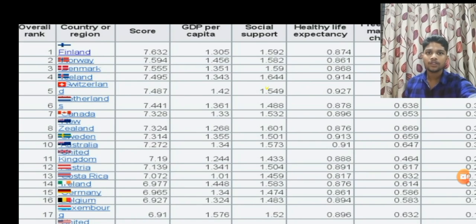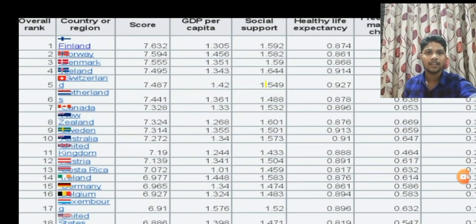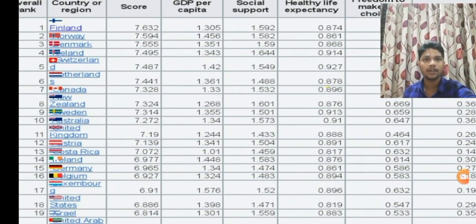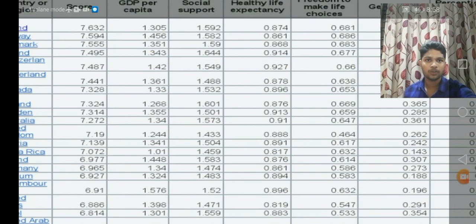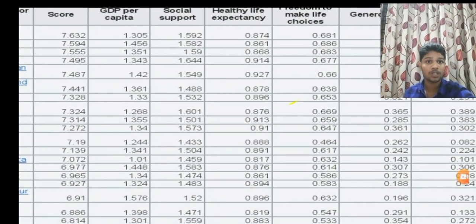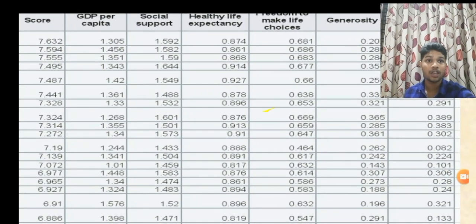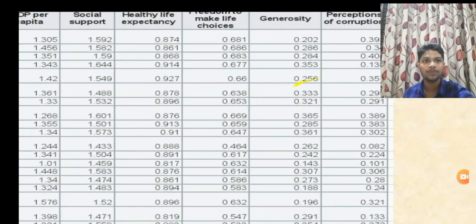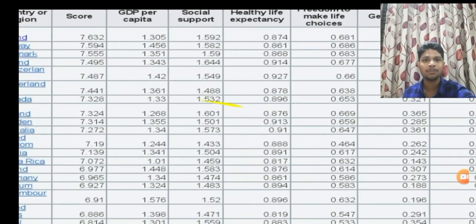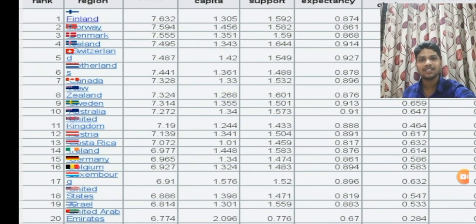We have the overall score of the happiness index here, and the factors which influence it are, first of all, GDP per capita, and then social support, healthy life expectancy, freedom to make life choices, generosity, and perception of corruption. These are the factors which make up the happiness index.